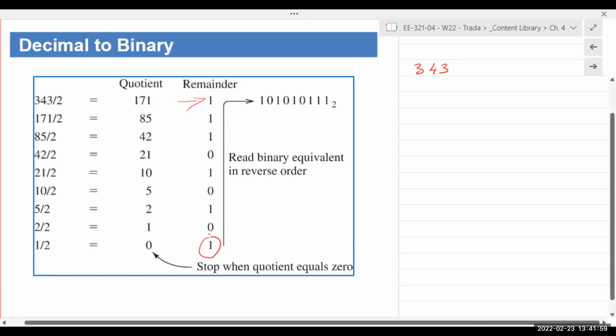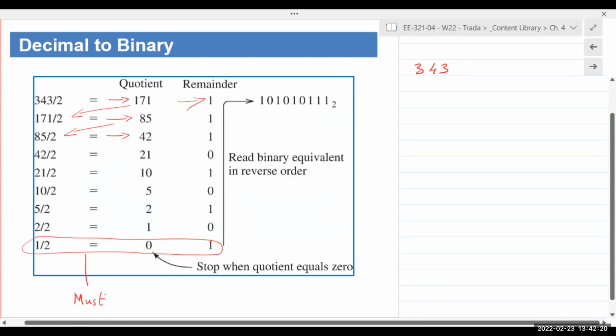You have to do that last step, otherwise your answer would be incorrect. The last step is a must.